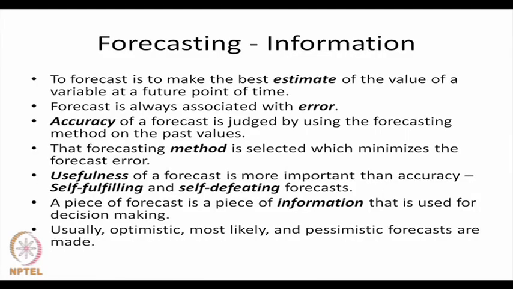A forecast is a piece of information, and that is an input to taking decisions. Since forecasts are associated with forecasting errors, usually three types of forecasts are made: one, the optimistic forecast; two, the most likely forecast; three, the pessimistic forecast.